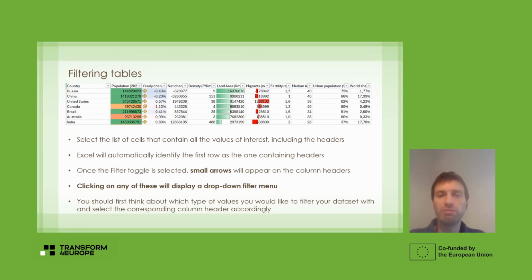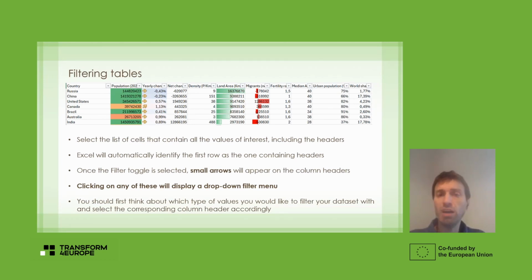And when you click on filter, there will be a small arrow placed on the right-hand corner of each cell, okay? So this will only happen when the filter toggle is activated and selected. So those arrows can be clicked, and this will open up a small drop-down menu for filtering, okay?